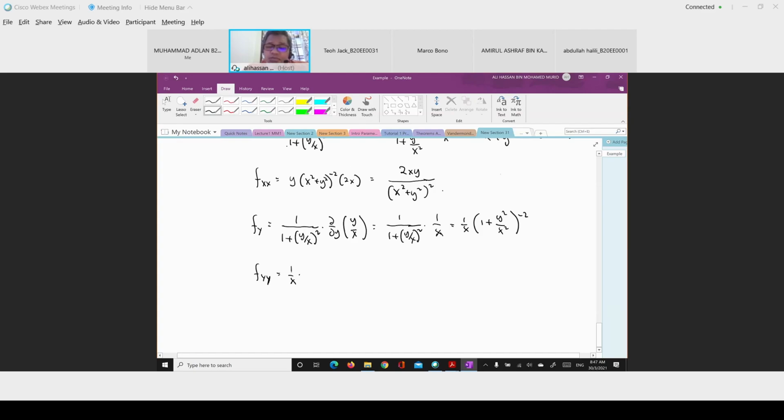So the outer function is the power function, so we get minus 1 times 1 plus y squared over x squared to the power of minus 2. Then we differentiate the inner function with respect to y, so we get 2y over x squared. So what is this thing equal to?